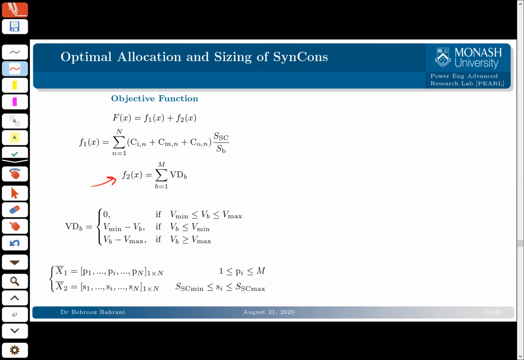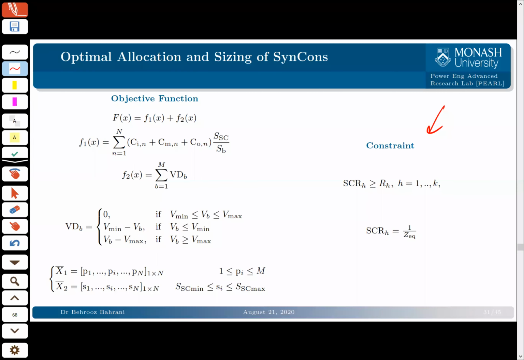And the constraints that you've got, well, of course, you want to know what is the capacity of your SynCon, and additionally, you would like to have another constraint here. Sorry, this is my constraint. The constraint is on the SCR. Well, what is the idea of putting a SynCon?